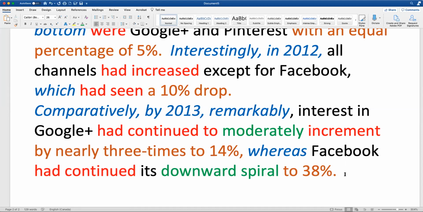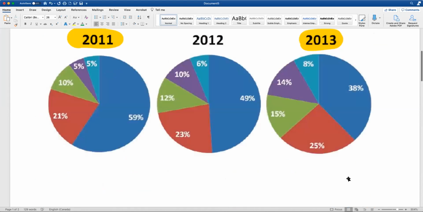Now, let's get on to mentioning 10, 12, 15, 21, 23, 25, 5, 6, 8.